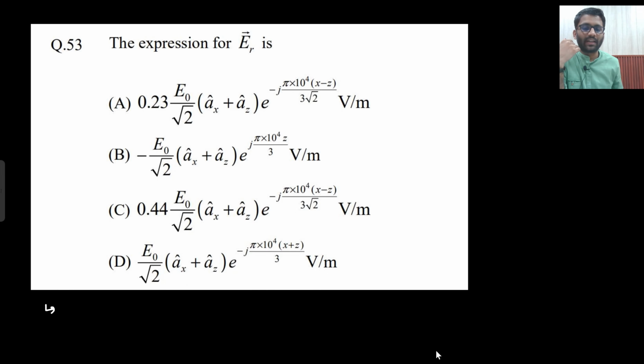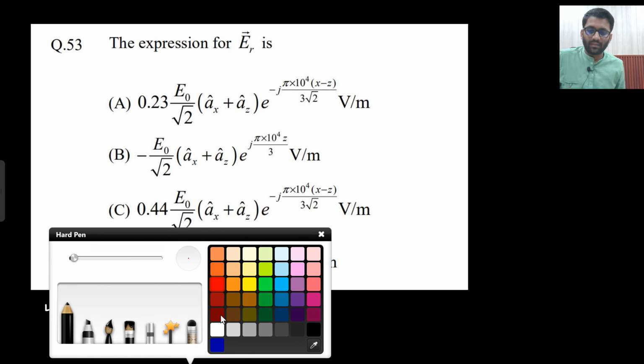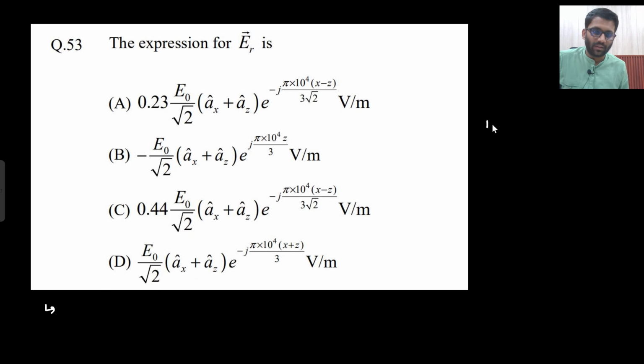Here AHI should be equal to minus AHR, but according to the diagram given, AHI is equal to AHR.